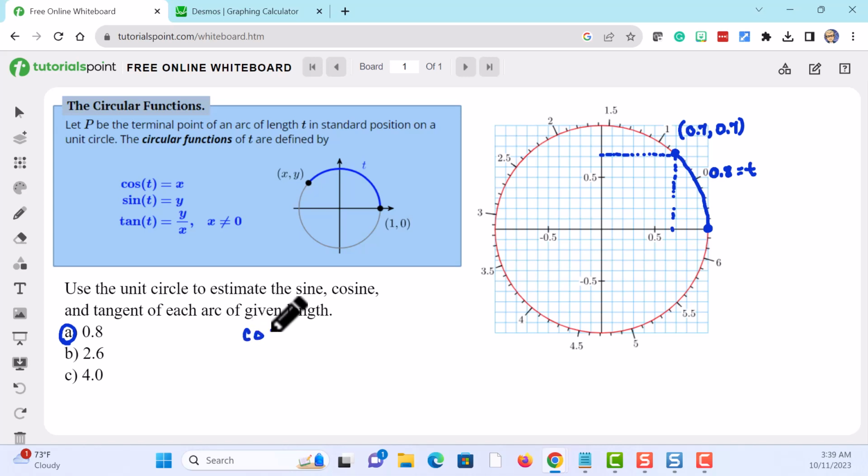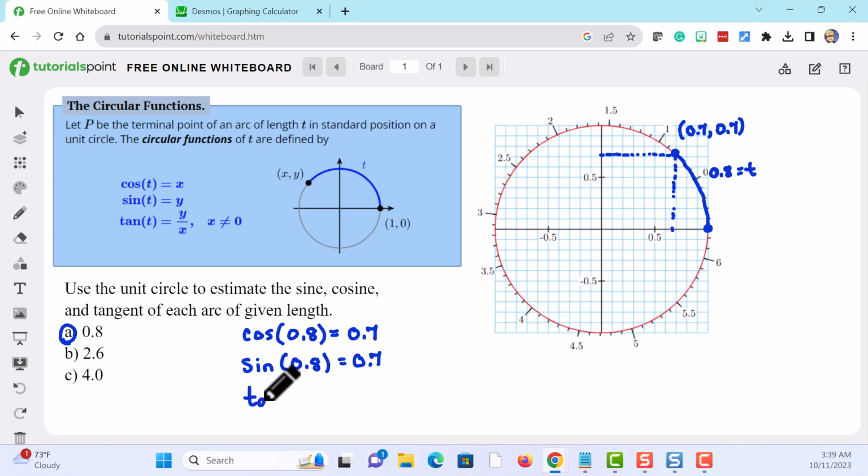We have cosine of 0.8 is equal to the x-coordinate of the point, and the x-coordinate is 0.7. The sine of 0.8 is equal to the y-coordinate, which is also about 0.7.